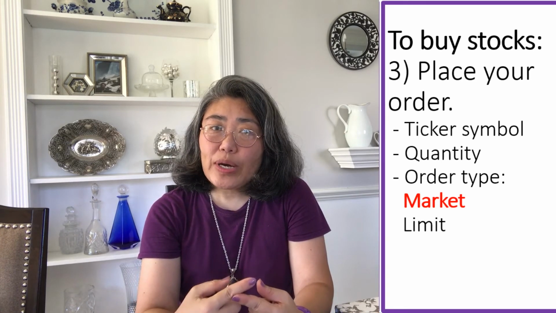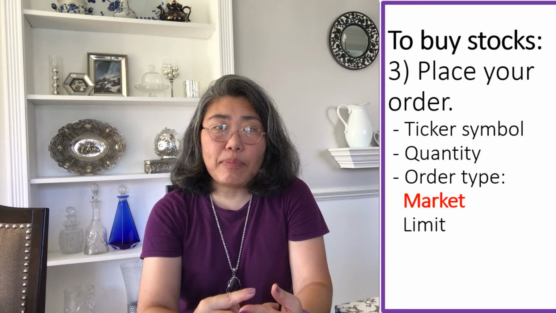So what's a market order? That's when you are requesting that your order to buy get executed immediately at the market price. That means you want to buy at whatever price is the best price at that moment. So let's say you want to buy 20 shares of stock in company A. As soon as you put in your market order, if the best price you can get is $10 per share, then your broker or brokerage firm will buy 20 shares for you at $10 per share for $200.